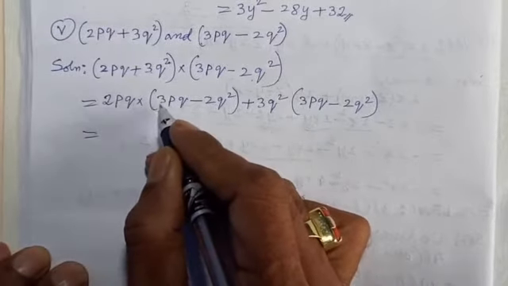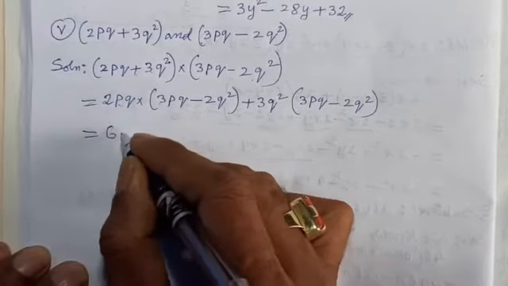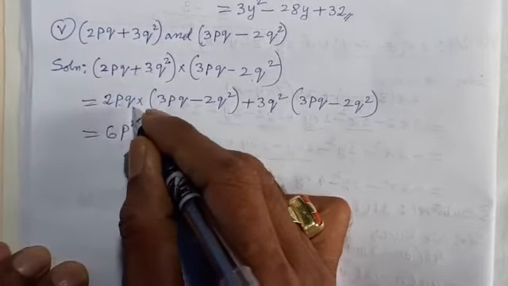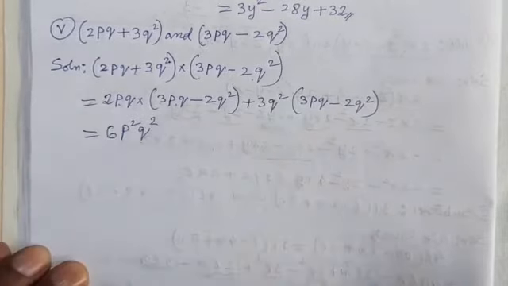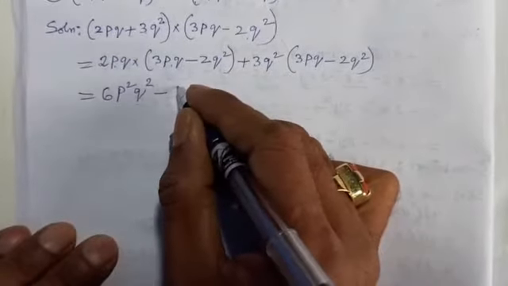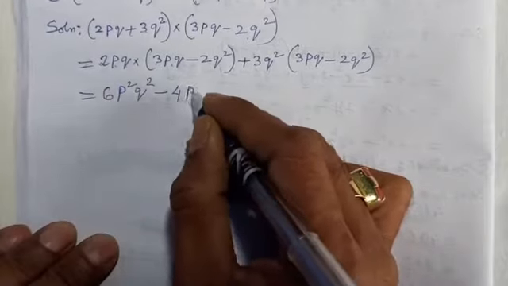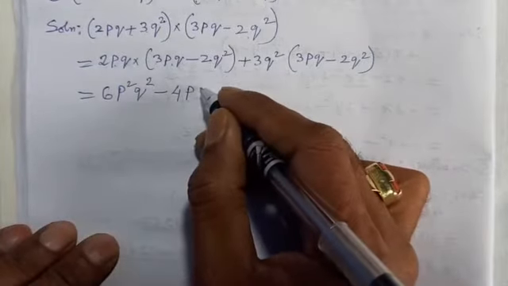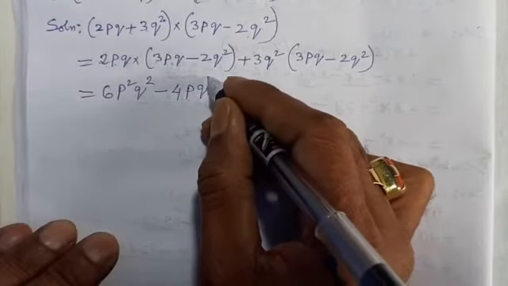This 2pq will multiply 3pq. 2 into 3 is 6. p into p, powers are adding, then p squared. q into q is power adding, then q power 2. Minus 2 into 2 is 4. The first one is p. q into q squared: here q has power 1, here power 2, 1 plus 2 is 3, so q power 3.